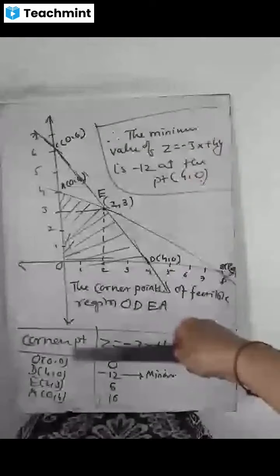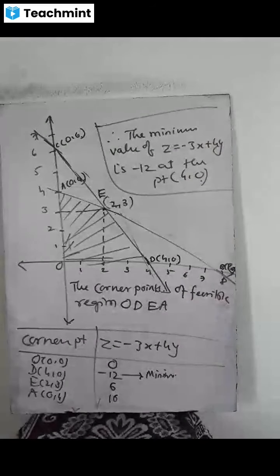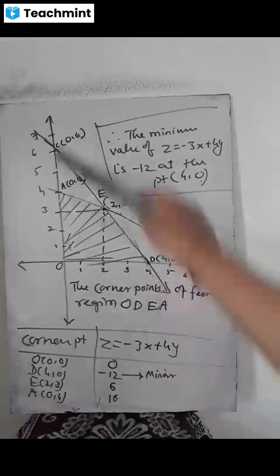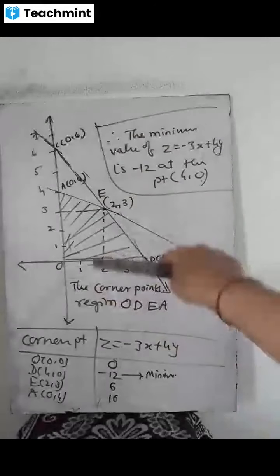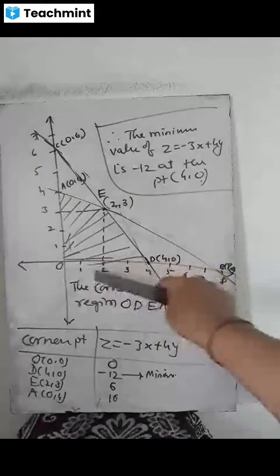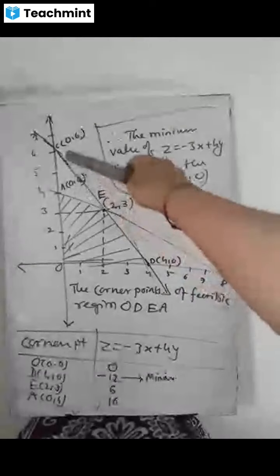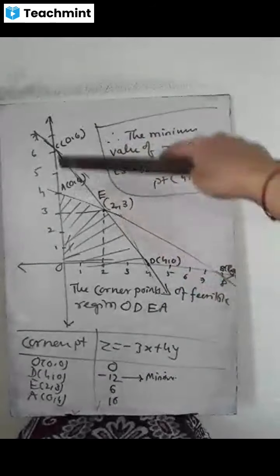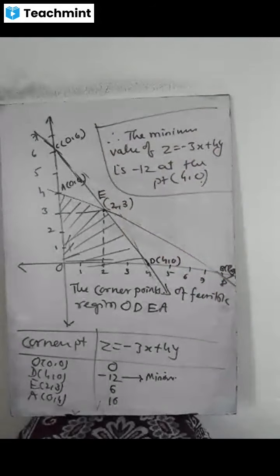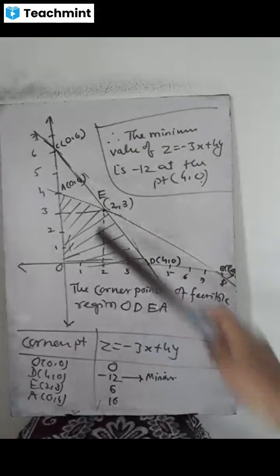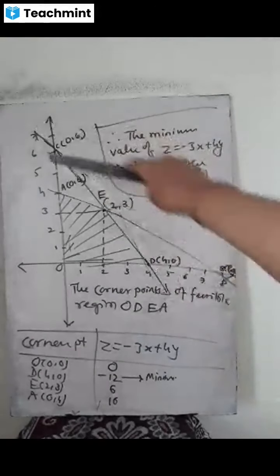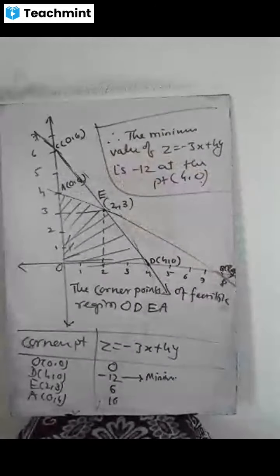After plotting the points from the table, we will draw the graph. Plotting all the points here, (0, 4), (0, 6) for two different lines, four points, and then we will draw the line for the first and the line for the second.